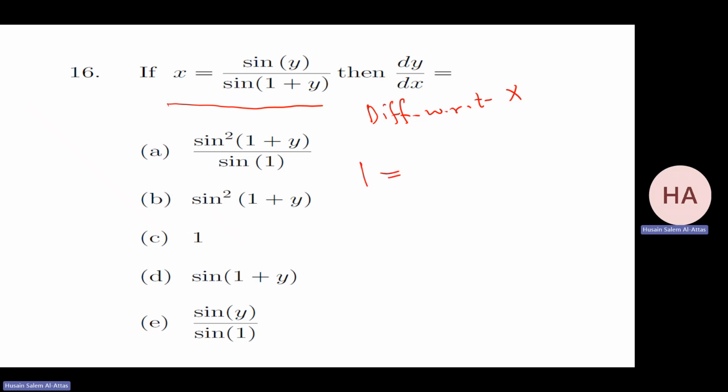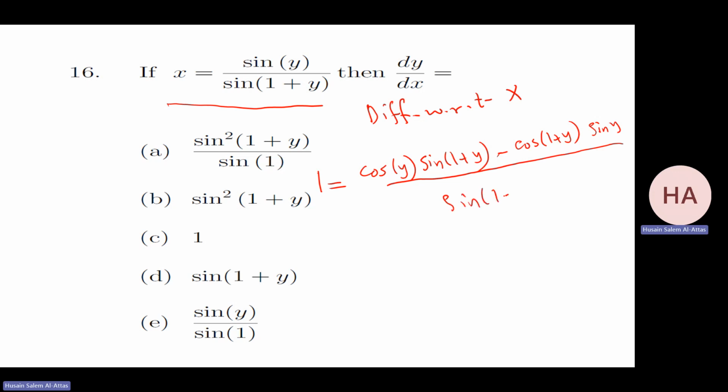Here I have a quotient, so the derivative of the numerator, which is cosine of y, gives 1 equals cosine y times sine(1 plus y) minus cosine(1 plus y) times sine y, all over sine squared of (1 plus y).